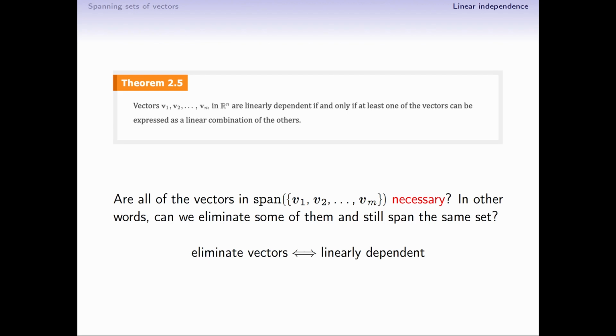They're unnecessary. All right, so the question of whether we can eliminate vectors is tied up with the question of whether the collection is linearly dependent or not. Okay, so I hope that helps you understand what the role of linear independence and linear dependence plays. Let's head over to the document camera and look at the proof of theorem 2.5.